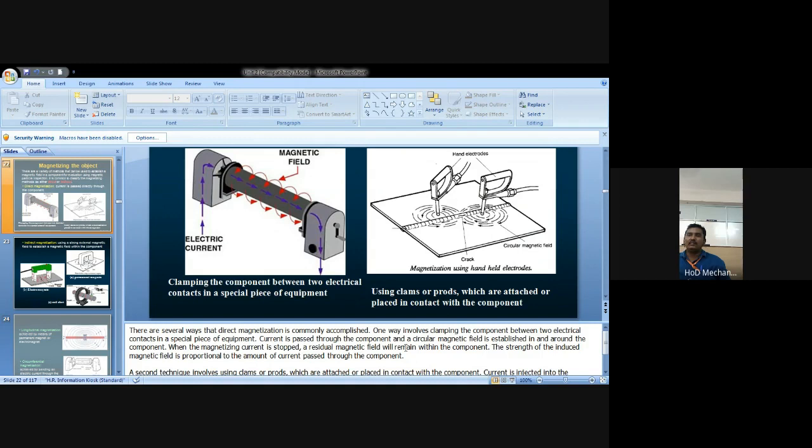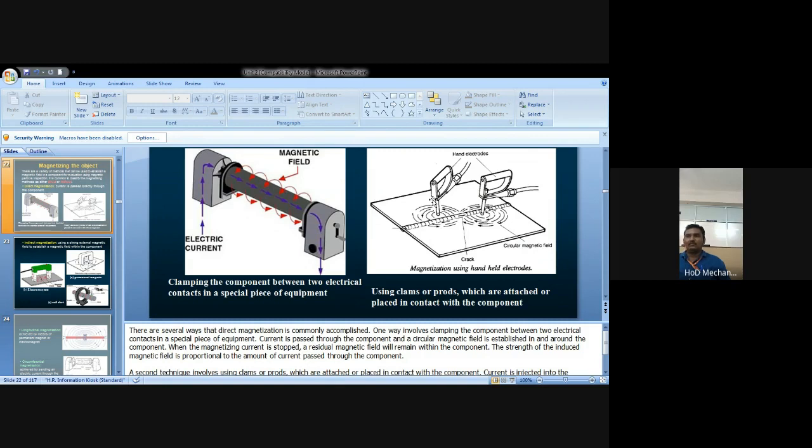When the magnetization current is stopped, a residual magnetic field will remain with the component. So, electrical current passed through the current carrying conductor induces the magnetic field in the given testing specimen.